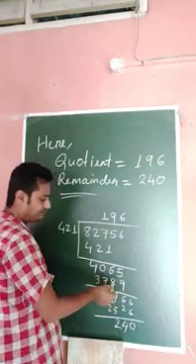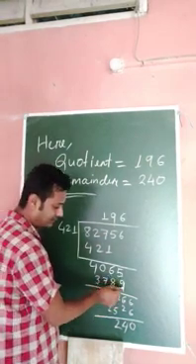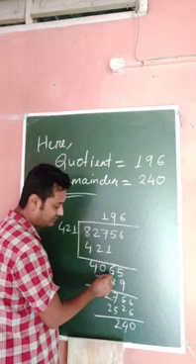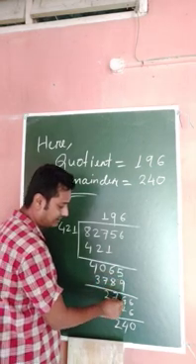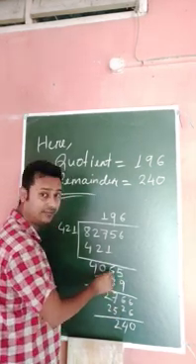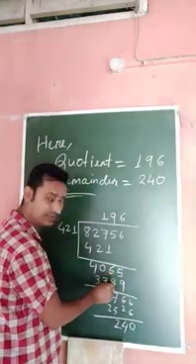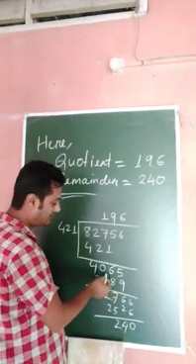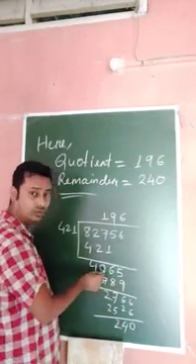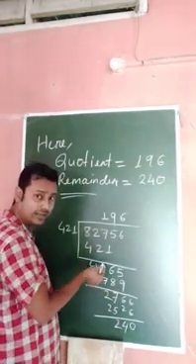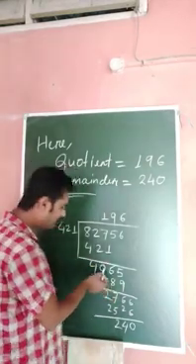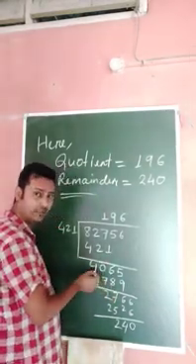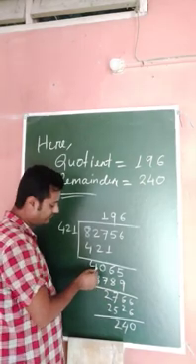Now from 5 you cannot subtract 9, so take 1 from this, it becomes 15. 15 minus 9 becomes 6, and it remains 5. From 5 you cannot subtract 8, so you have to take 1 from the left hand side number, but the left side number is 0. You cannot take 1 from 0. That means you again take 1 from the next left number, which is 4.